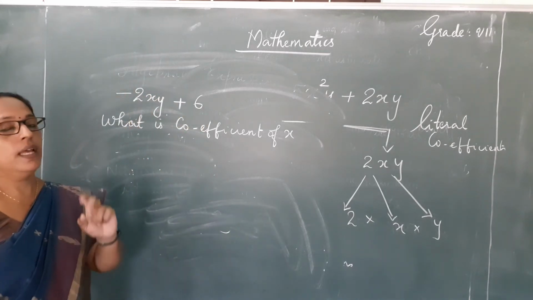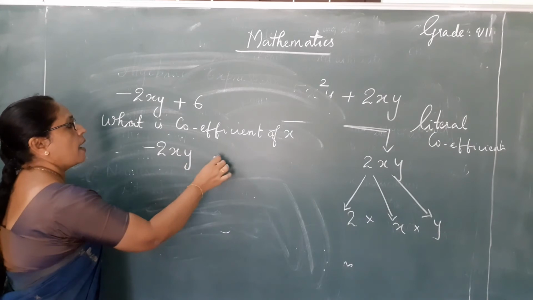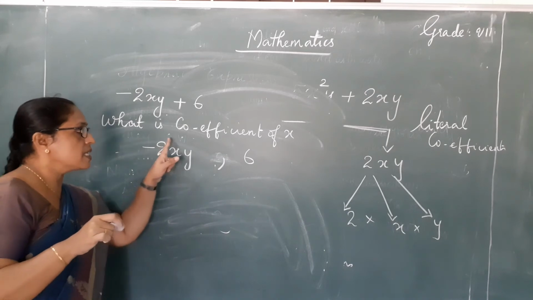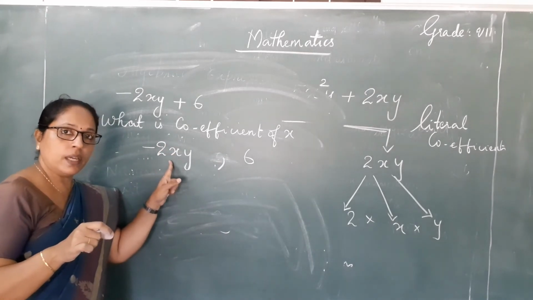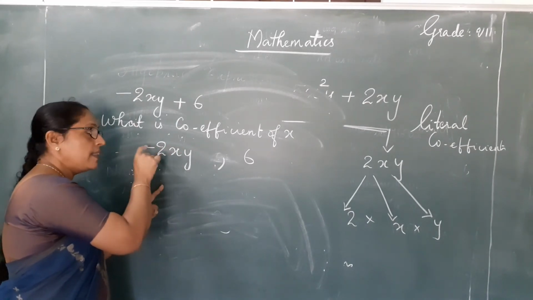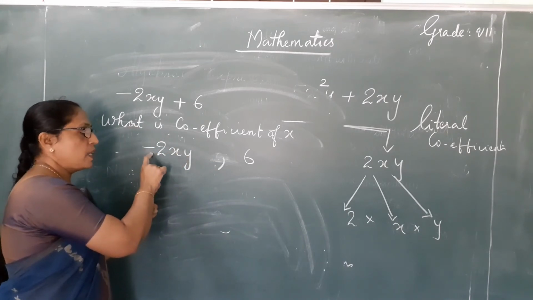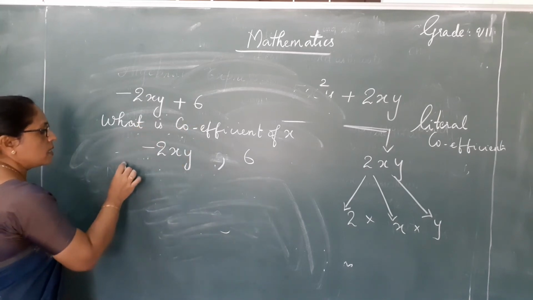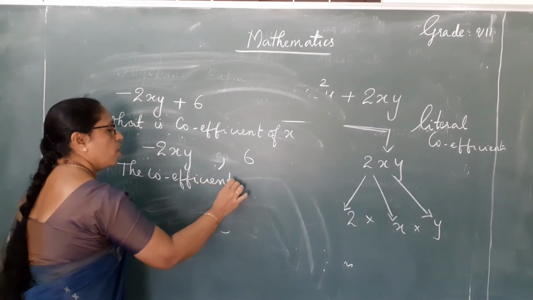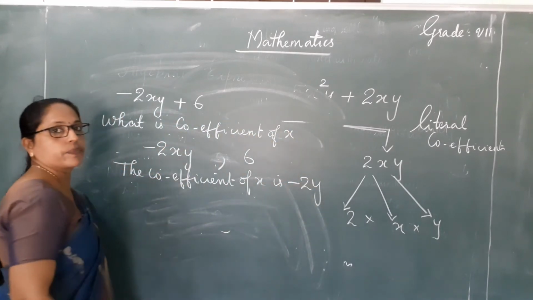Exactly, 2 terms: minus 2xy, and the second term is 6. Look at the term having the variable x. Its coefficient is the other factors, minus 2 and y. So the coefficient of x is minus 2y.